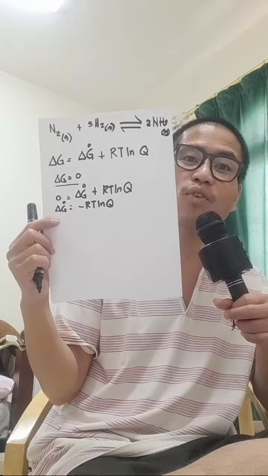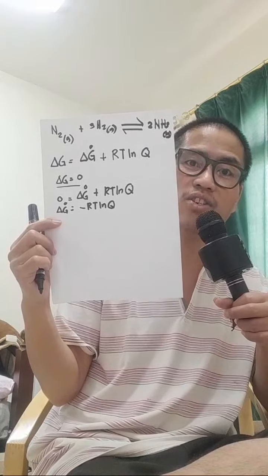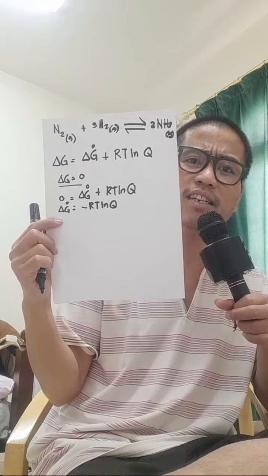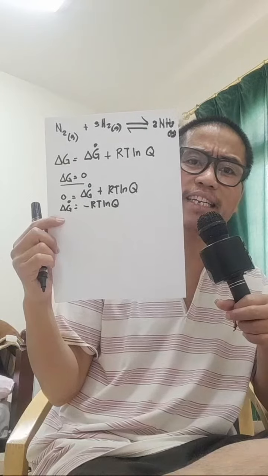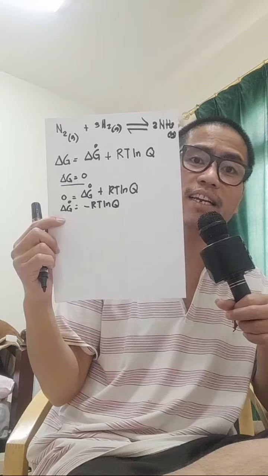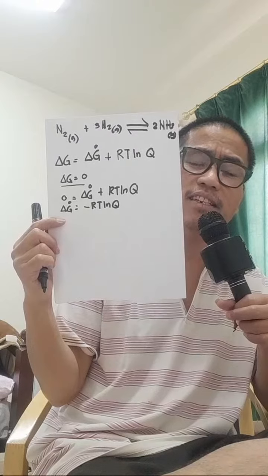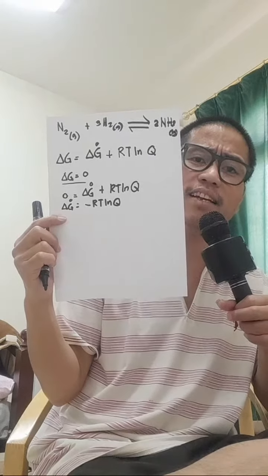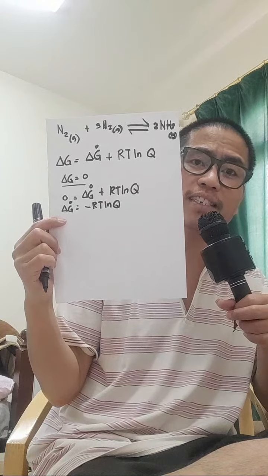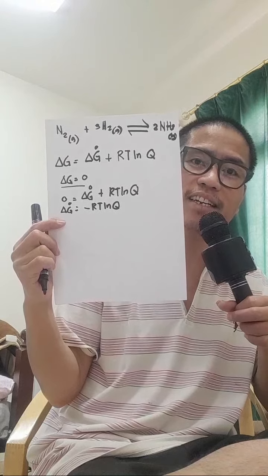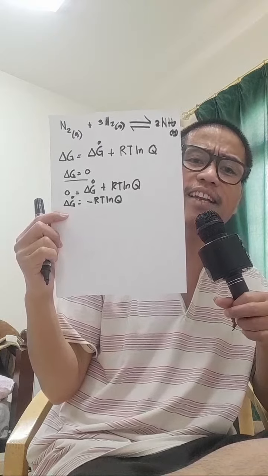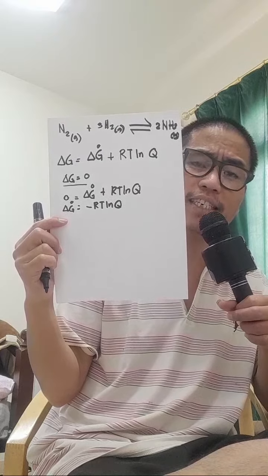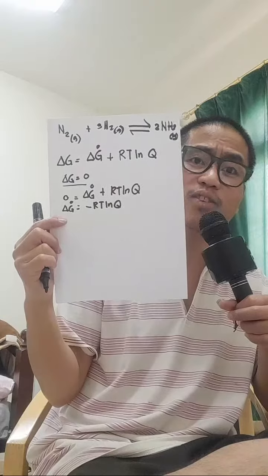There's also a formula for real gases, the van der Waals equation. An ideal gas is also known as a perfect gas, and a non-ideal gas is a non-perfect gas.